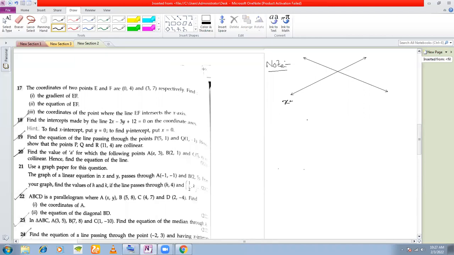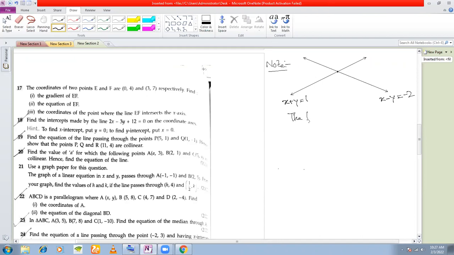If I give you the equation of this line as x plus y is equal to 1, and if I give you the equation of this line as x minus y is equal to minus 2, right? How will you find out the point of intersection of this? You will simply solve the 2 equations simultaneously, okay?